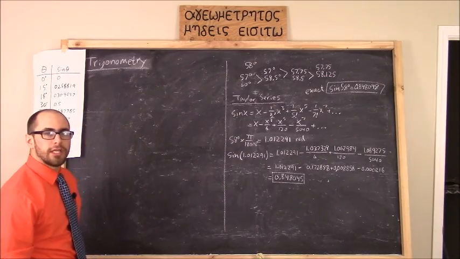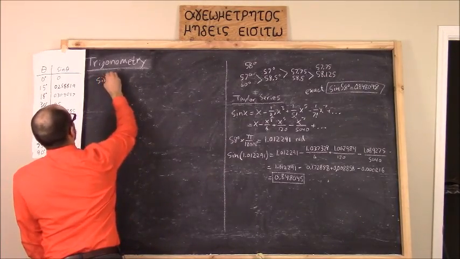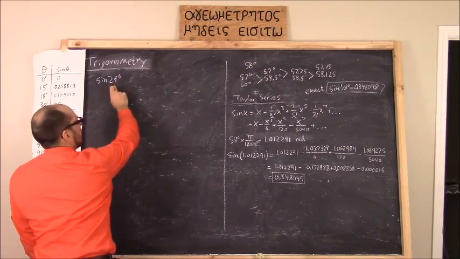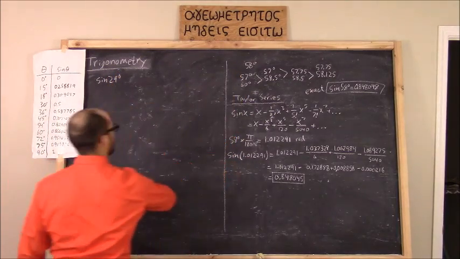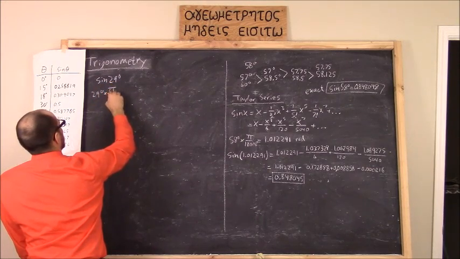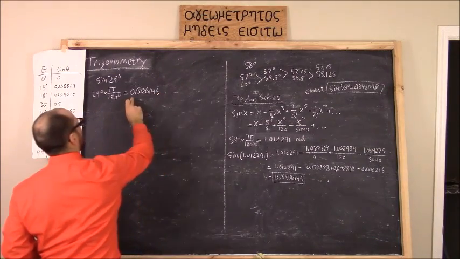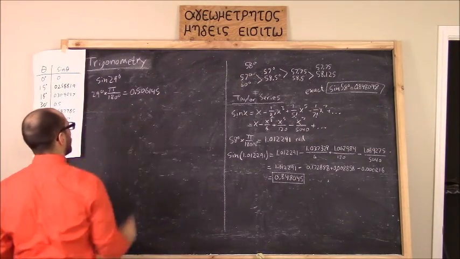So how about using a double angle identity with sine of 29 degrees, 29 being half of 58. Convert 29 degrees into radians. Multiply by pi over 180, and I get 0.506145.